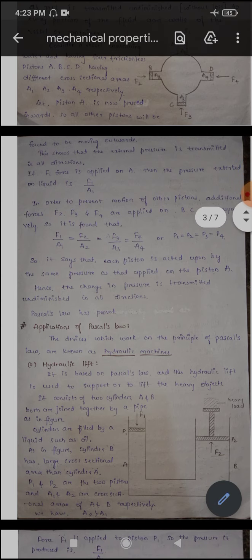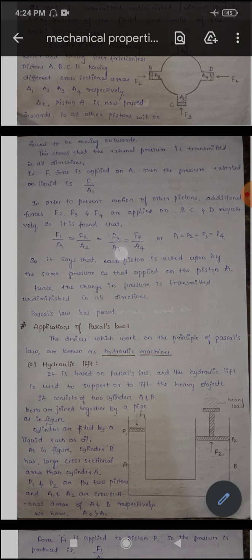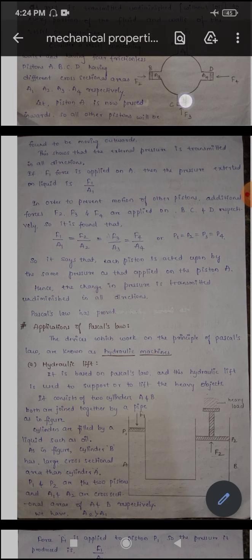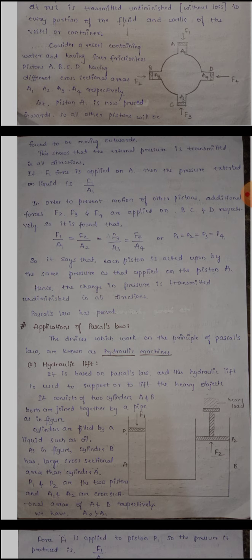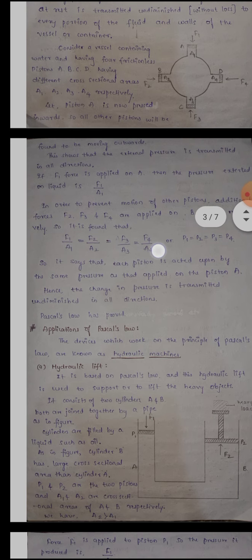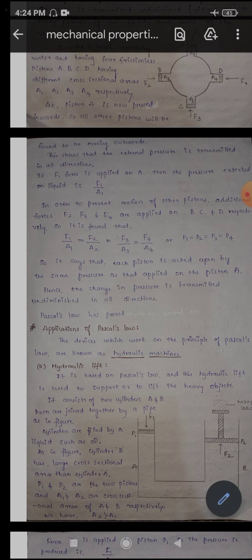So we can write F1 divided by A1, that is the pressure P1, is equal to F2 divided by A2 at point B, equal to F3 divided by A3 at point C, equal to F4 divided by A4 at point D. So P1 is equal to P2 is equal to P3 is equal to P4.